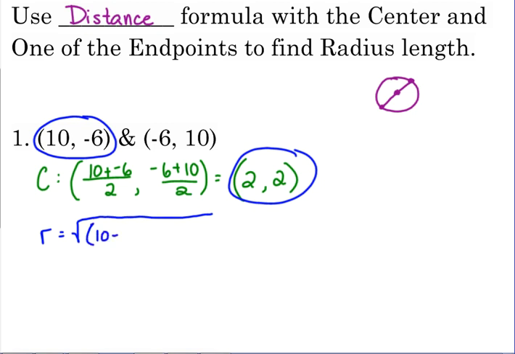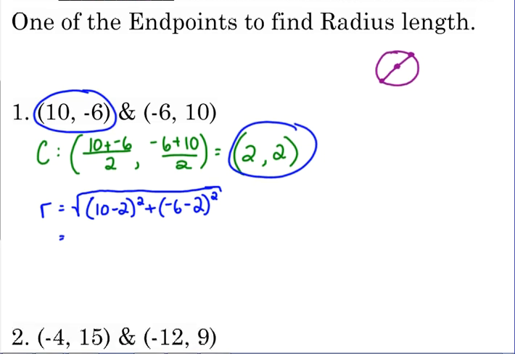So the square root of (x minus x) squared plus (y minus y) squared. Let's work that out. 10 minus 2 is 8. 8 squared is 64. -6 minus 2 is -8. -8 squared is 64. So that gives me the square root of 128.